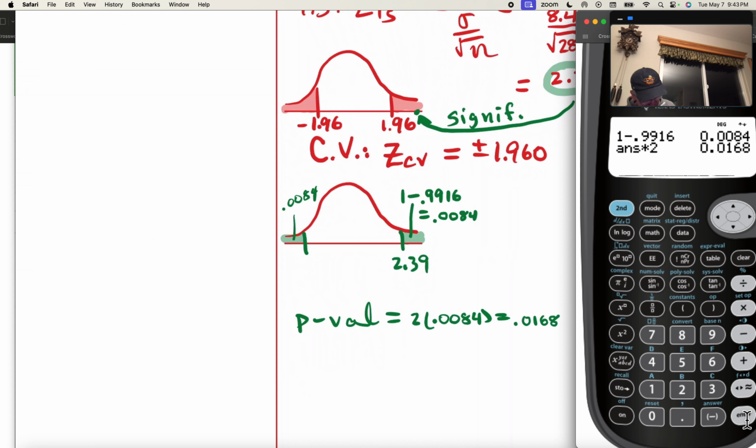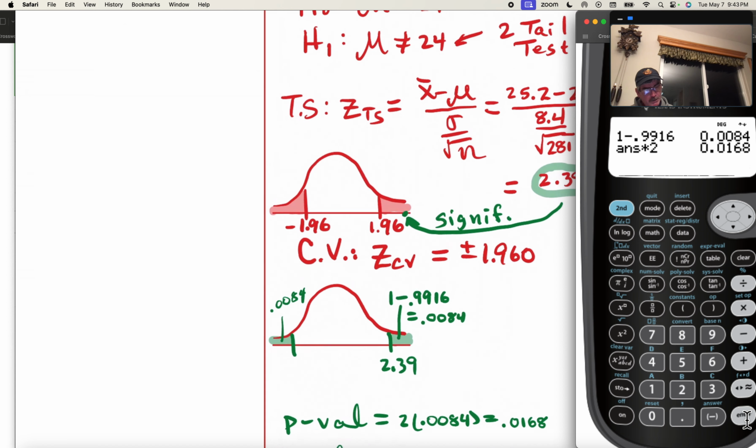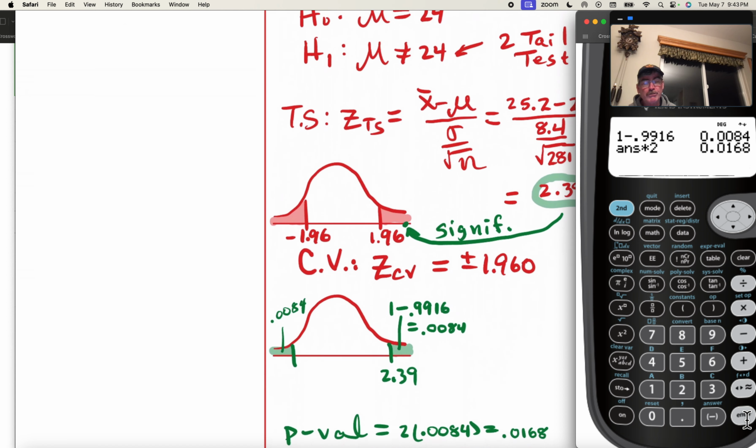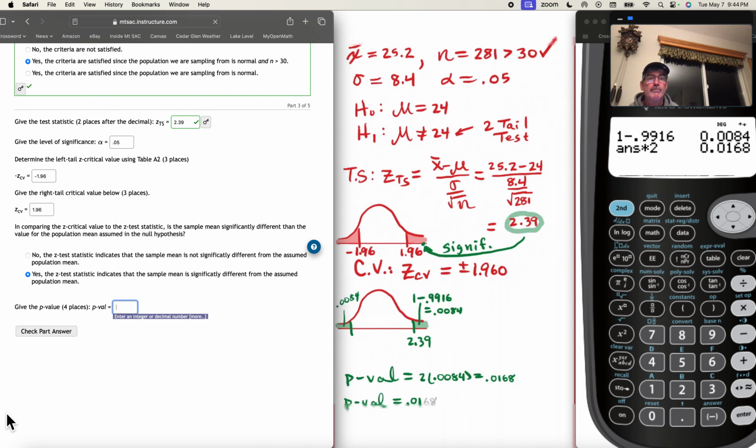Okay, so the p-value is, once again, I'm just going to focus on the first 2 digits here. The last 2 digits really don't have much bearing. So 0.01, and comparing that to alpha, which is 0.05. 0.01 is definitely less than 0.05.